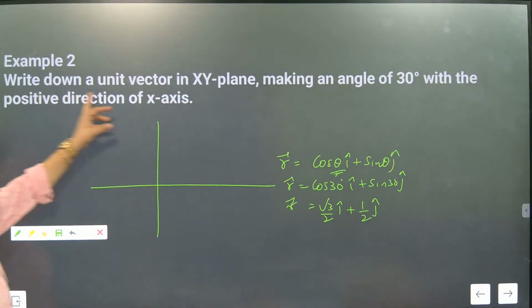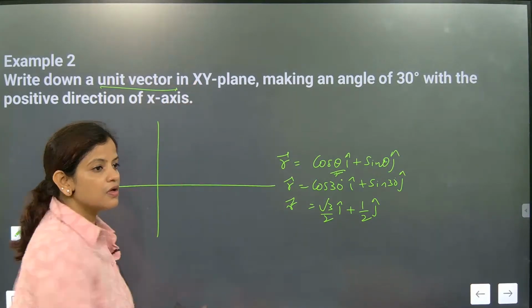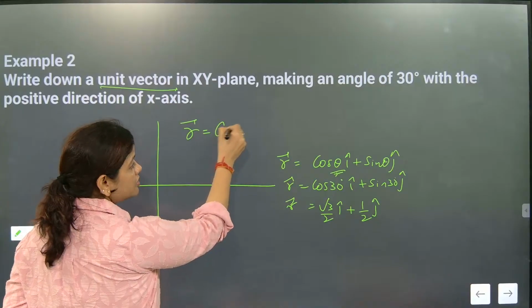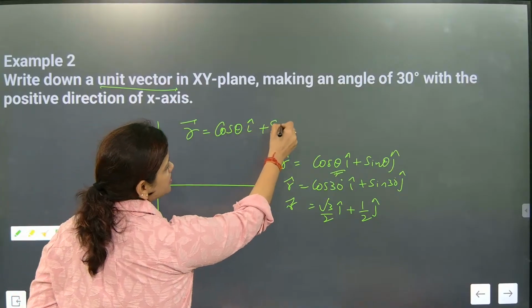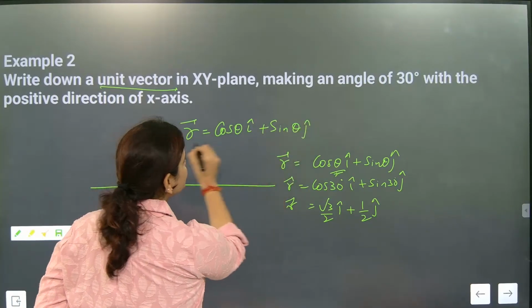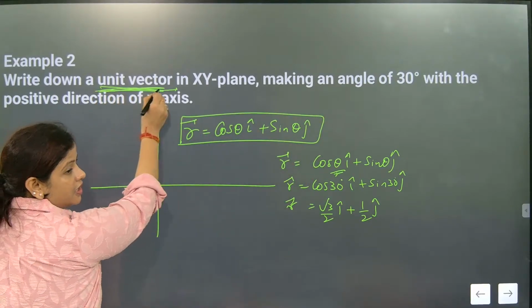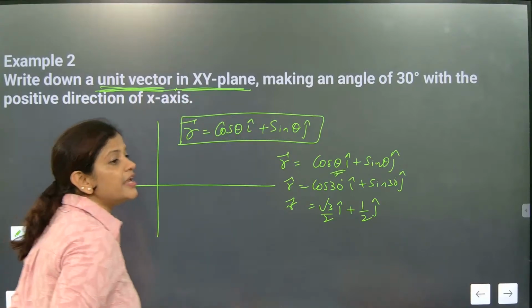See, what they told: unit vector. What formula of unit vector have we derived? R vector is equal to cos theta i cap plus sin theta j cap. This formula we have derived for what, beta? Unit vector, in which plane? XY plane.